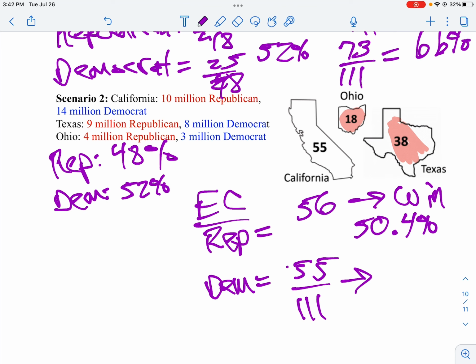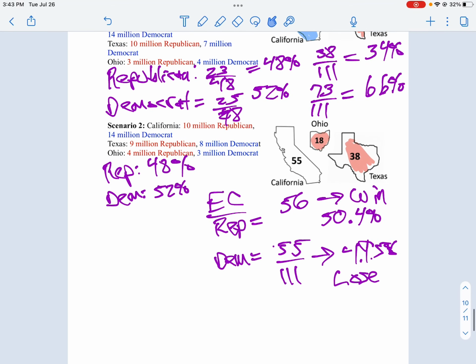Let me see if I can do that for you. So they have 49.5% of the Electoral College. So in other words, they would lose. Notice, in both cases, the Electoral College does not reflect the percentage of the popular vote for the winner and the loser.